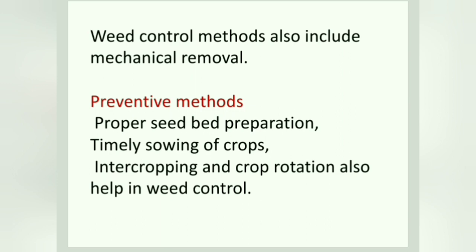So weeds, how do we control these weeds? These can be controlled by mechanical removal, and some of the preventive methods for weeds are proper seed bed preparation, timely sowing of crops, intercropping and crop rotation. These factors help in weed control.